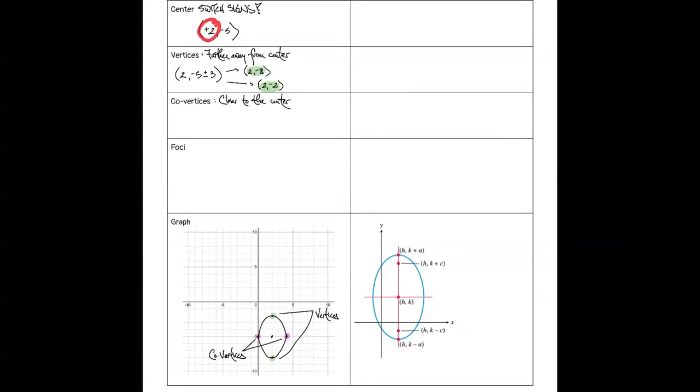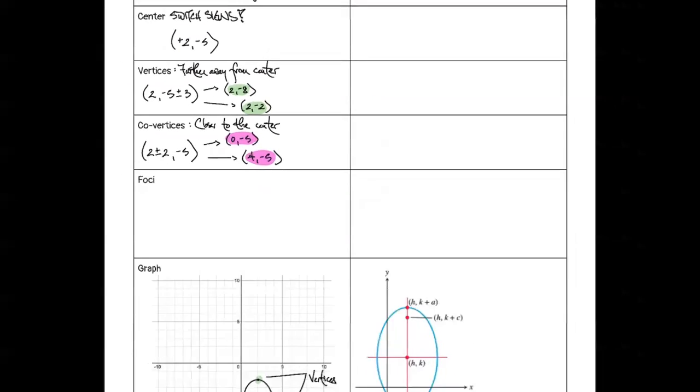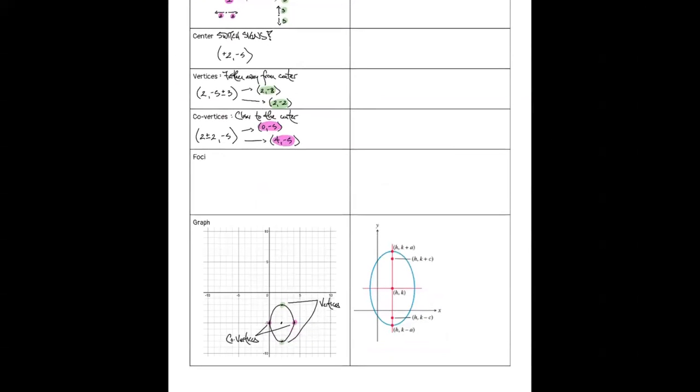So we're going to have that 2, which is exactly what Ellie said. We have 2 and then plus or minus 2 because that was 2 squared was the number underneath the x. And so we'll get 2 plus or minus 2, comma, negative 5. And we'll get 0, comma, negative 5. And we'll get 4, comma, negative 5. And I bet you that that should match with the pink dots that we have below.